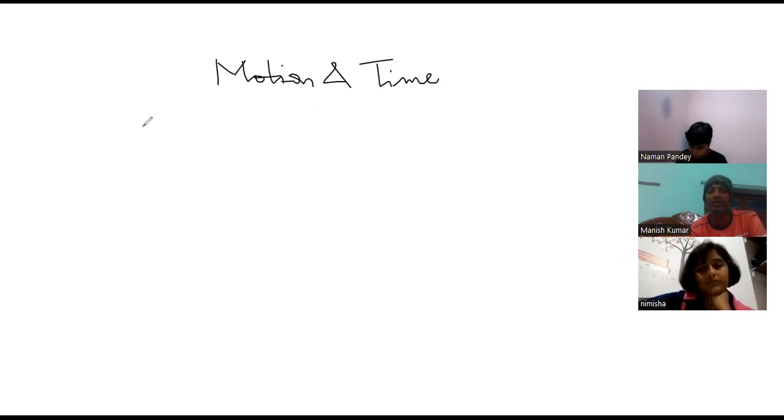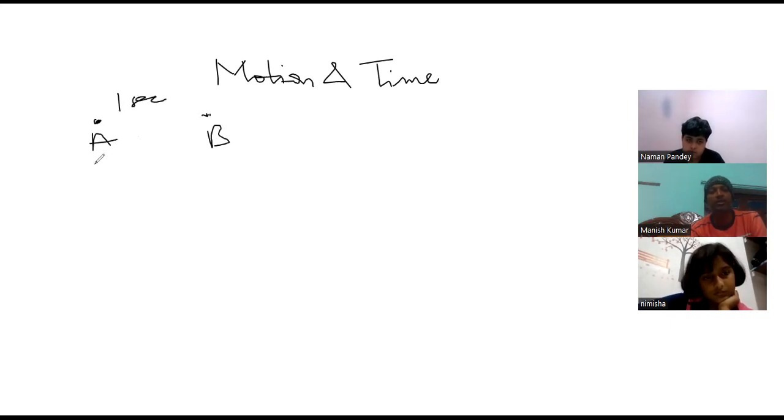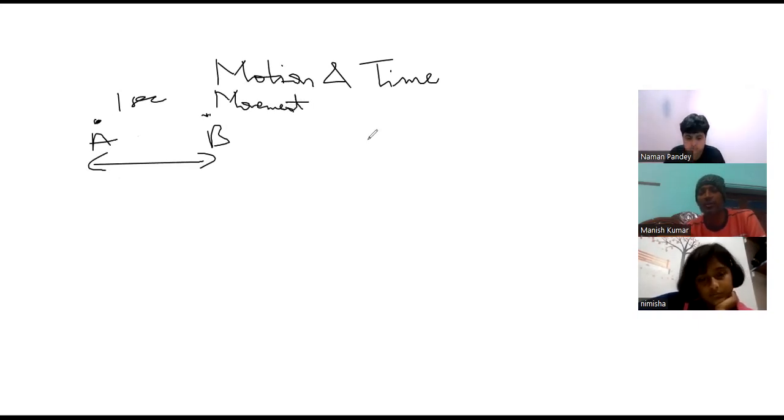If any item is moving from A to B in, suppose, 1 second, this means that there is motion involved in it. Motion can also be called movement. If we use the word motionless, that means it is not changing its position with respect to time. Time is changing, but the distance covered is nil.